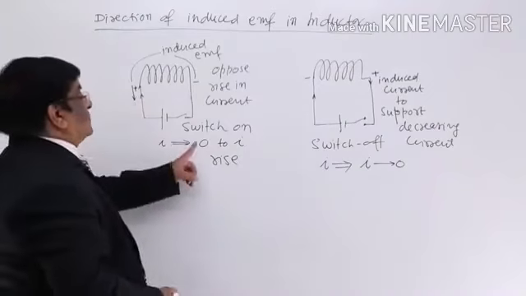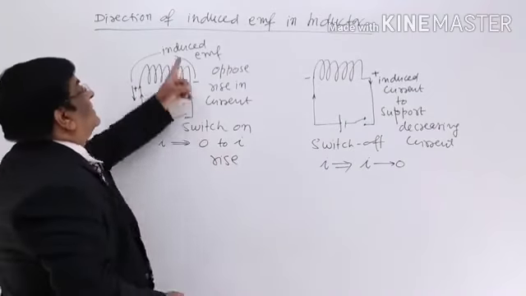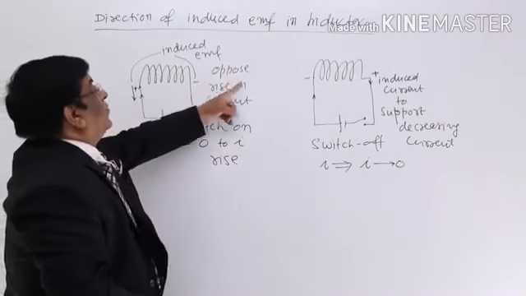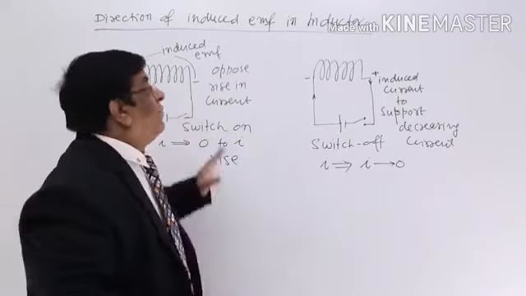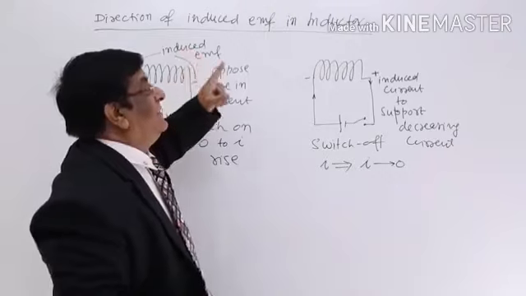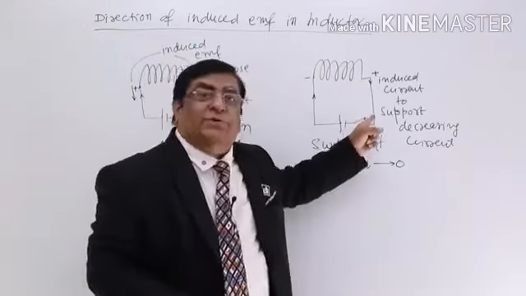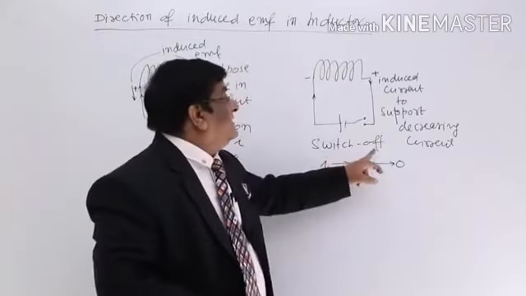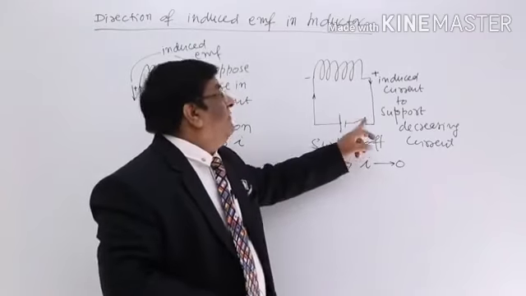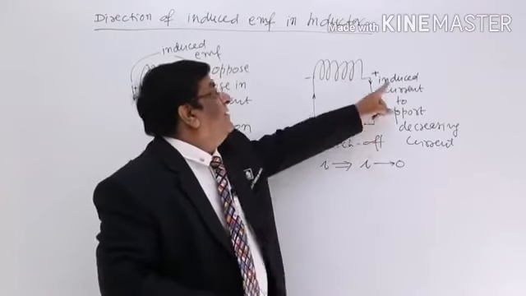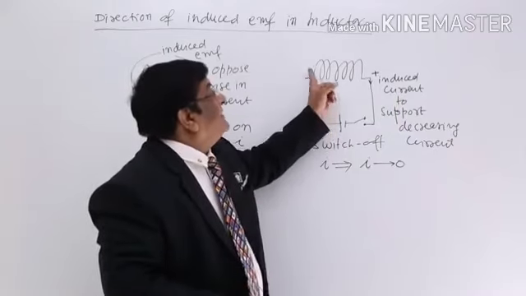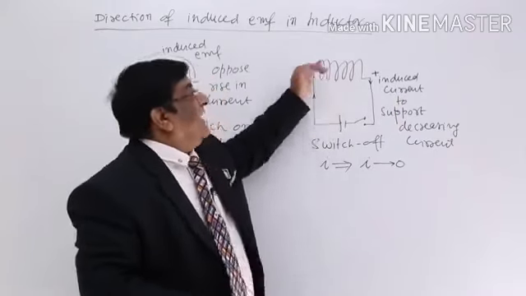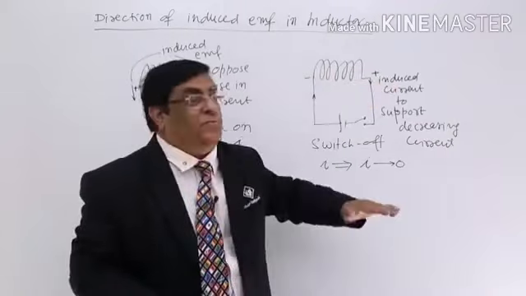When current is trying to rise, the induced EMF opposes the rise in the current, does not allow it to rise. Once it has risen, then it will not allow it to decrease, and when we do the switch off, this current is coming down and this EMF supports this current so that it does not fall down.